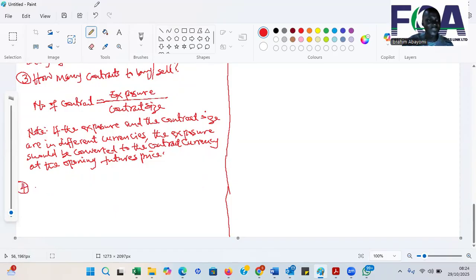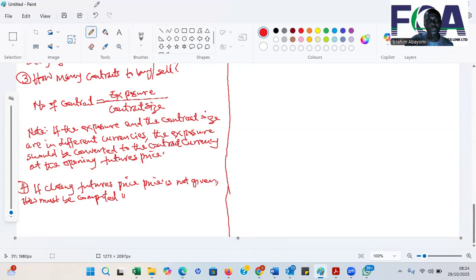Now, step number 4, if the closing futures price is not given, this must be computed using the concept of basis.